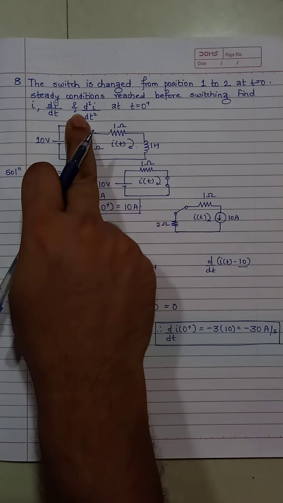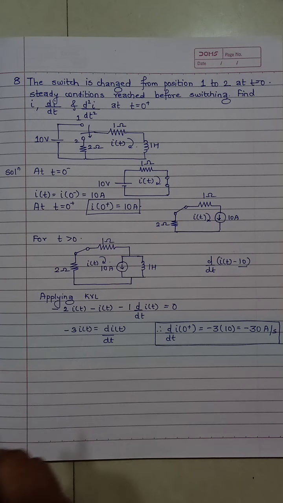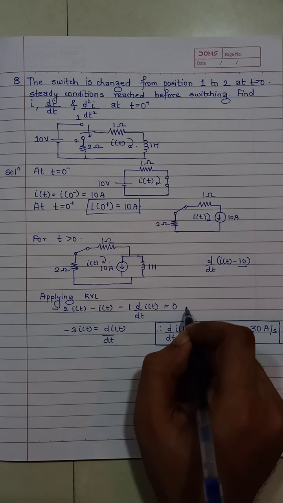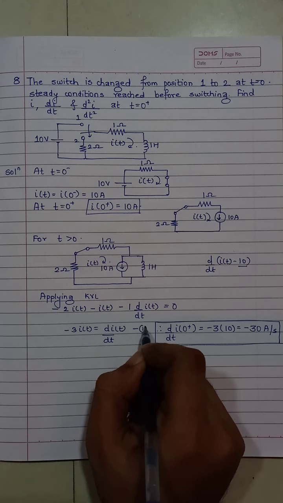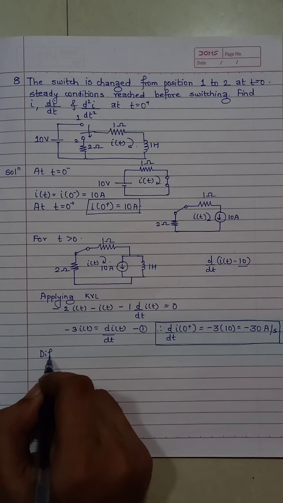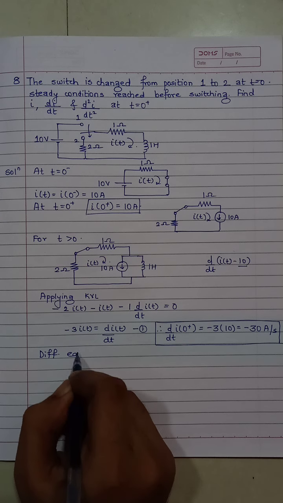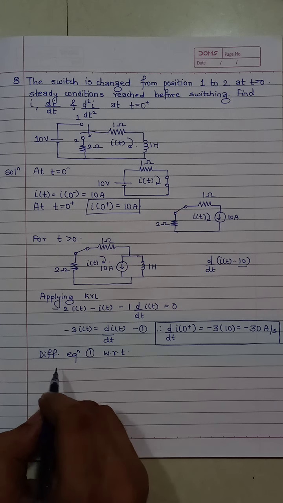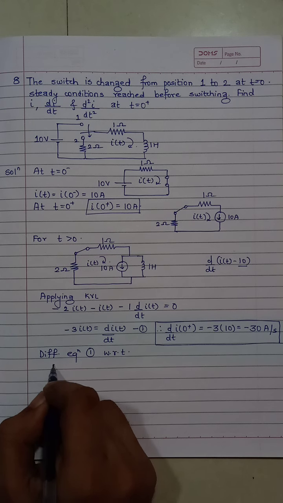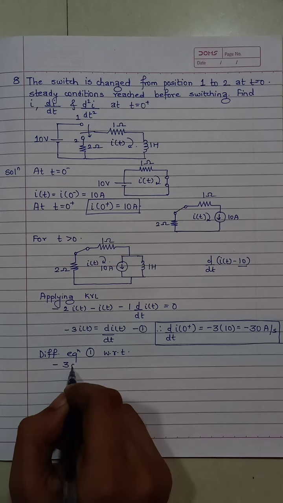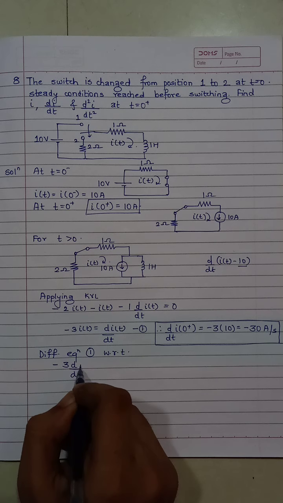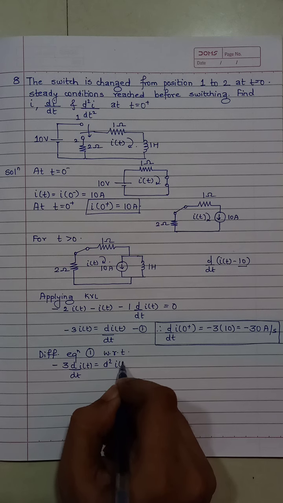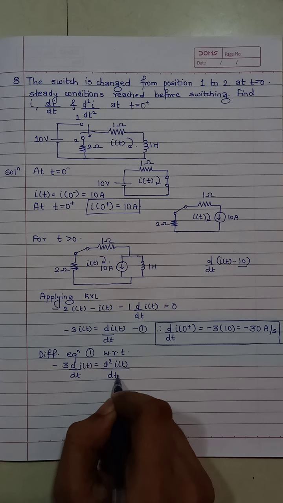Now the last part is to find d²i/dt². For that, I'll call this equation 1. I differentiate equation 1 with respect to t. So it will give me minus 3 di/dt, which is d²i/dt².